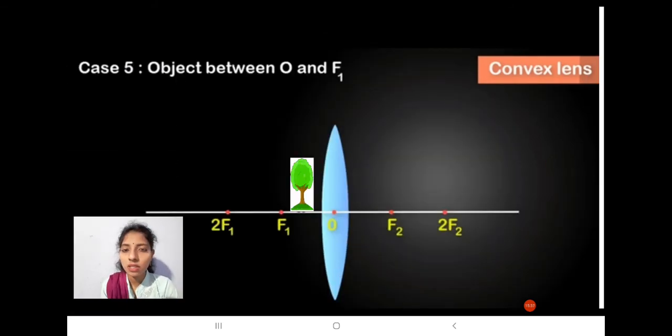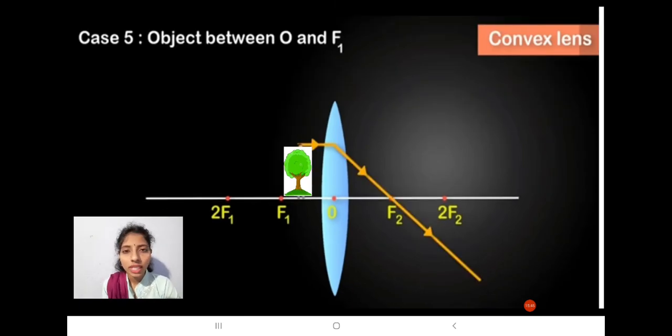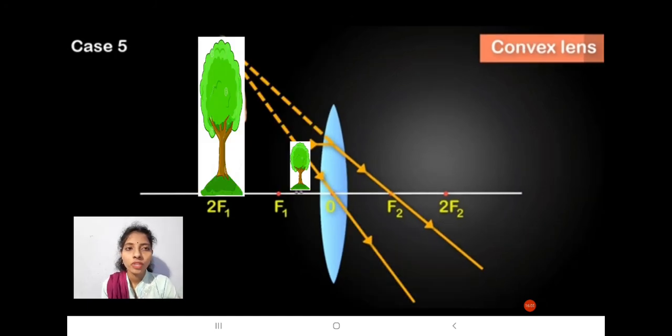Now the final case, case 5 for the convex lens, the object between f1 and the optical center. Now draw the ray diagrams for this. We take rule 1 here: when the light ray is parallel to the principal axis, it travels through the focus. And take rule 2: when the light ray passes through the optical center, it travels in a straight path. So here we extend the light rays backward to get an image.